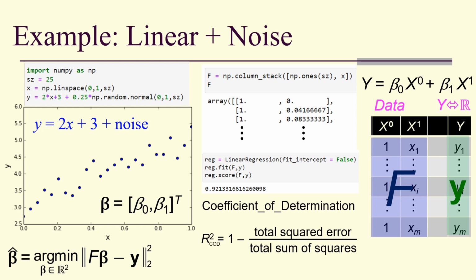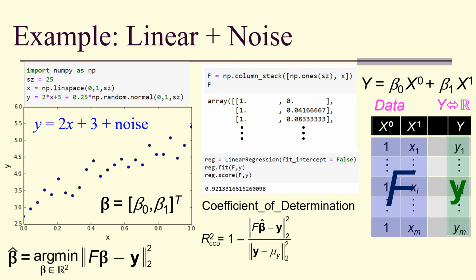So if the total squared error is very small, this is close to 1. And so this is kind of like a proportion, a correlation coefficient. So 1 is best, and anything less than 1 is progressively not good. So we got 0.921, not too bad.